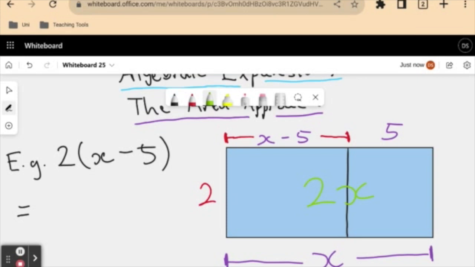So 2x is the area of our big rectangle, and we will subtract from that the area of our smaller rectangle, which is our dimension of 2 multiplied, which is the same on this side, 2 multiplied by 5. That gives us an area of 10. So therefore we can say that the area of this rectangle is just 2x minus 10.